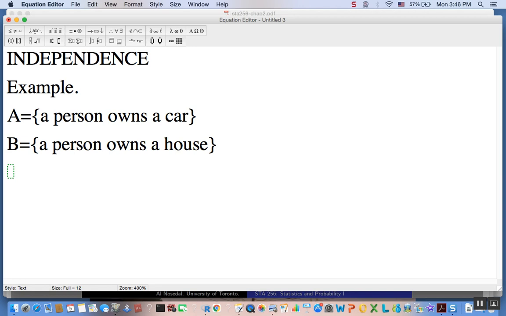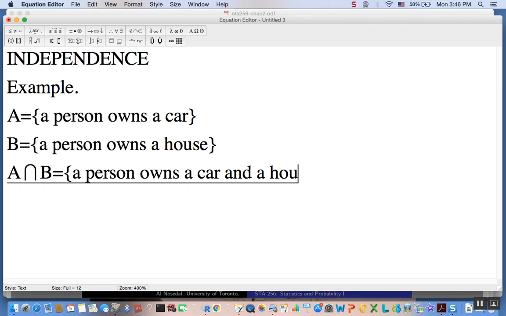And A and B, a person owns a car and a house.